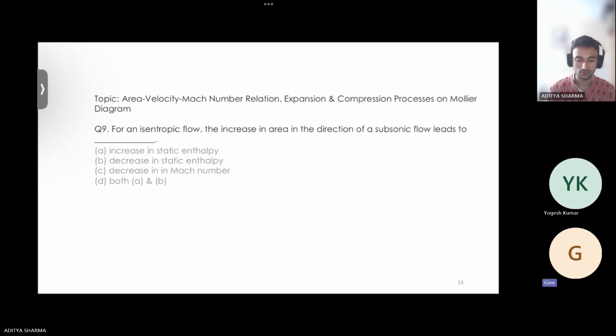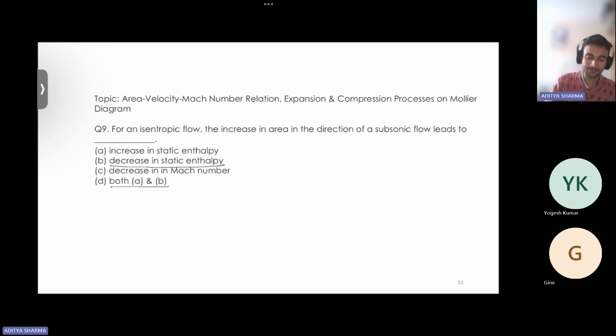B, decrease in static enthalpy. Okay. So Ginny says this, Yogesh says this. Okay. All right.